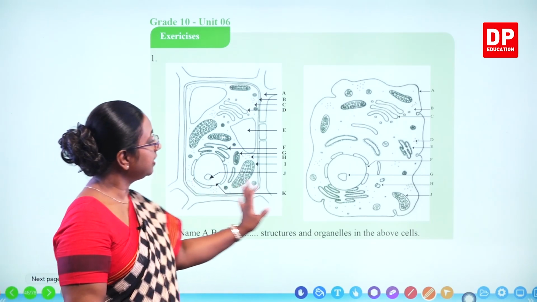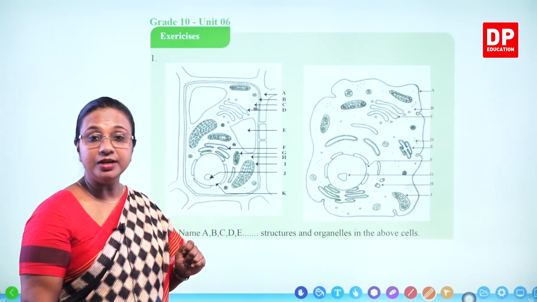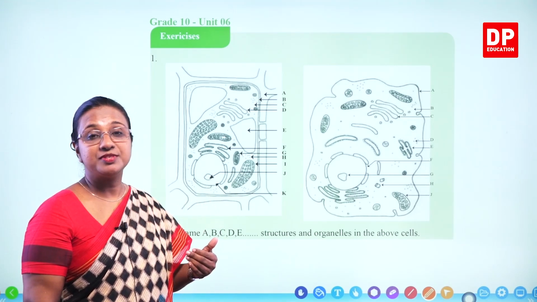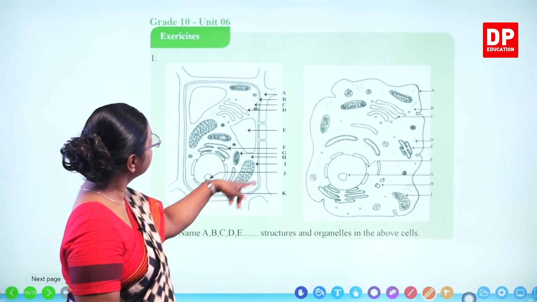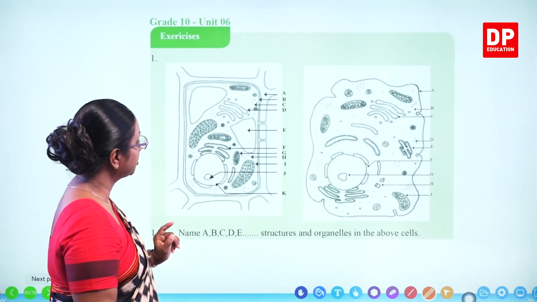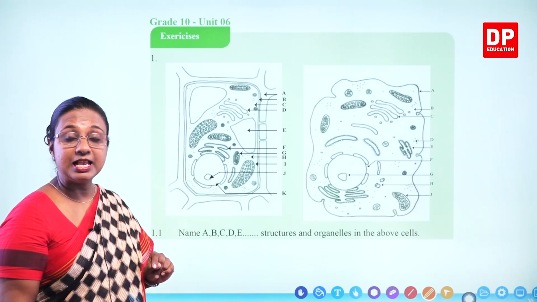So immediately when you look at the two cells, you should be able to differentiate and identify what type of cells they are. Here you can see it has a rectangular structure and also you can prominently see the cell wall.